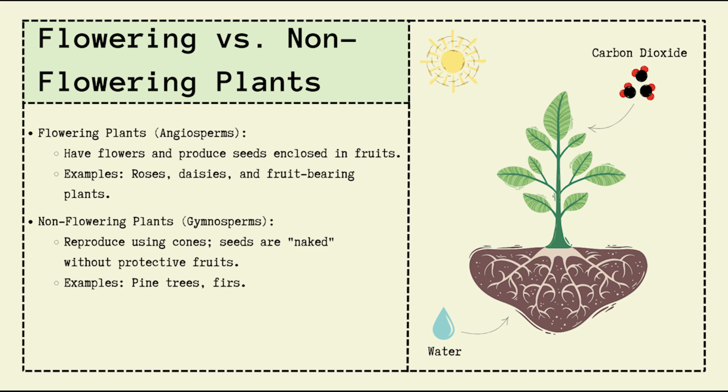They don't produce flowers and instead they use cones for reproduction, and their seeds are exposed. For example, pine trees and firs. Understanding these helps us recognize the great diversity in plant reproduction.